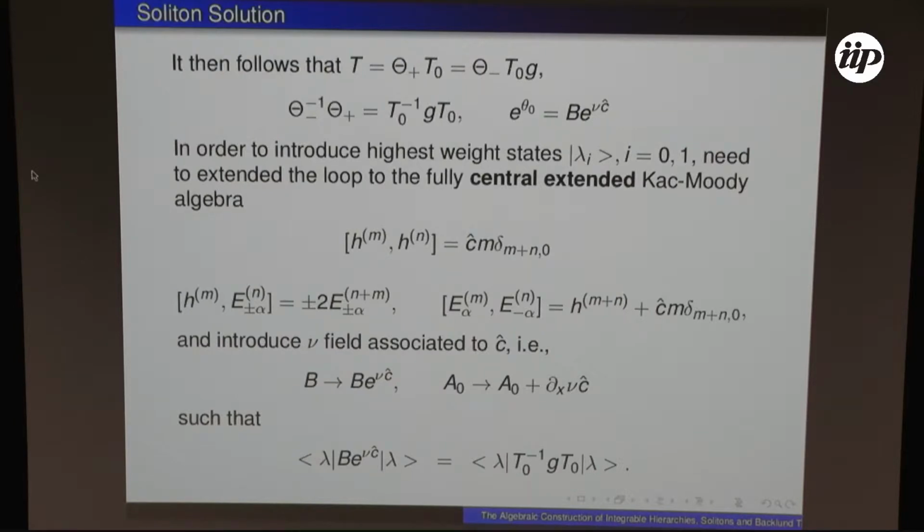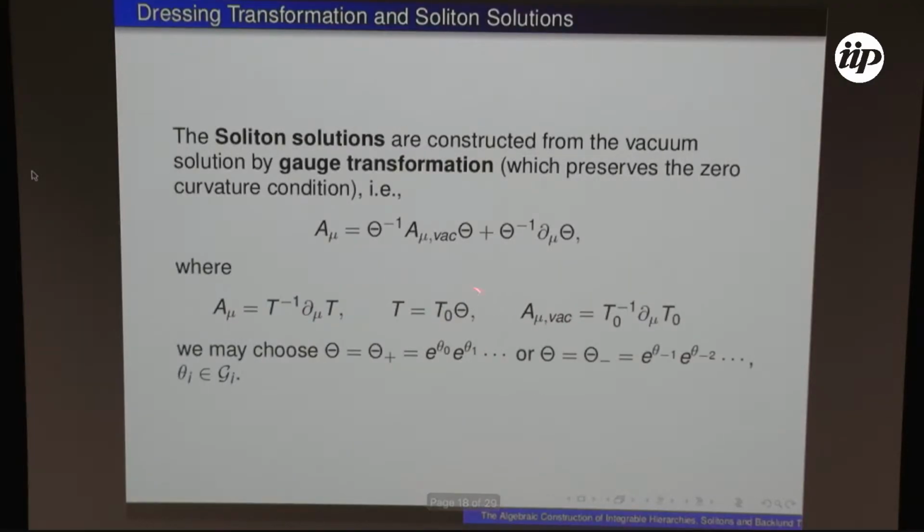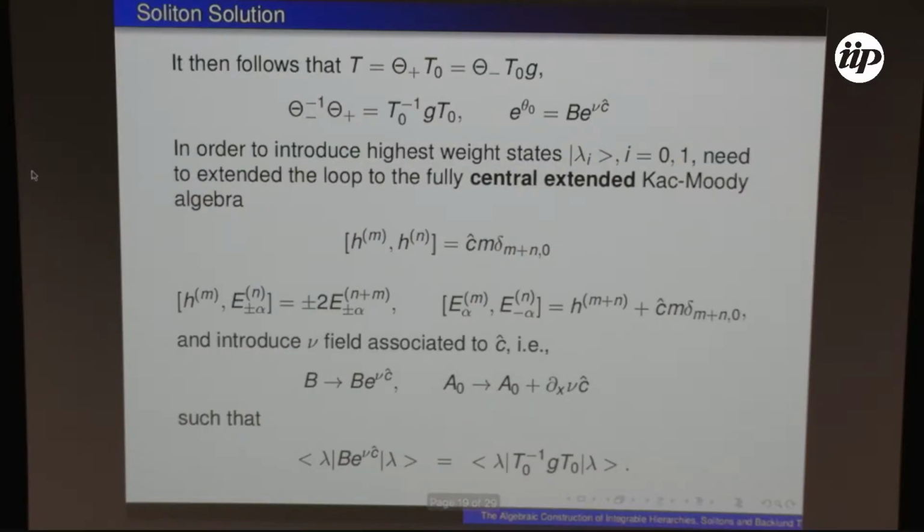So the Riemann-Hilbert decomposition is essentially what physicists call normal ordering. Okay? So plugging theta plus and theta minus into these equations, you find, among other things, theta 0, which is the same B that we came across before.